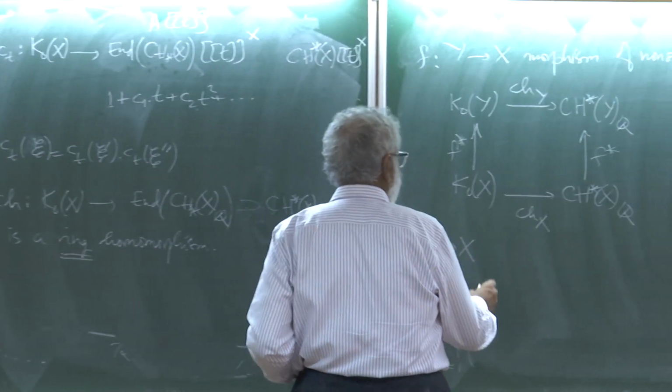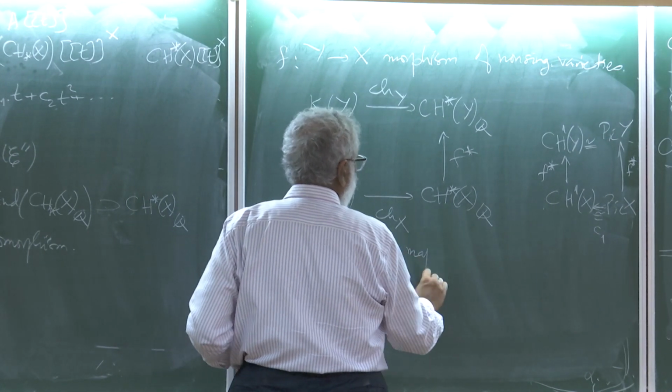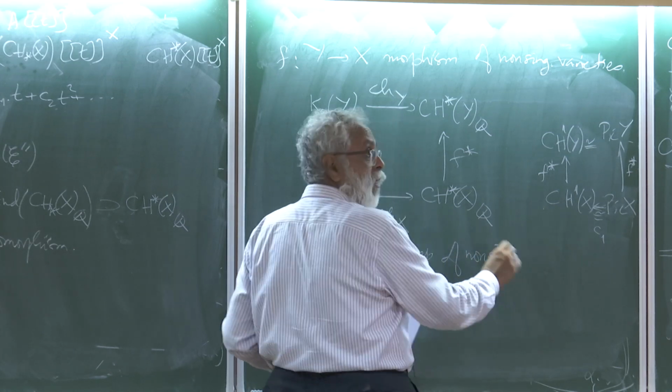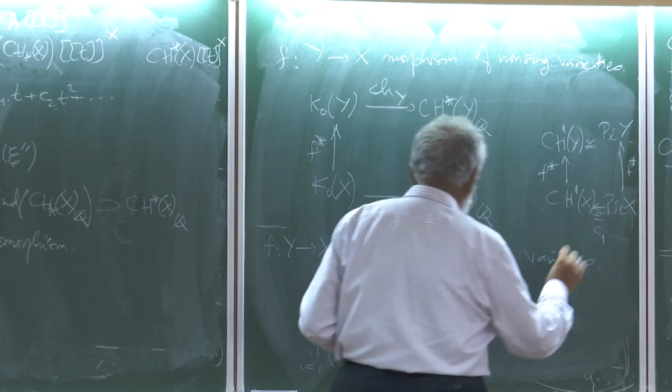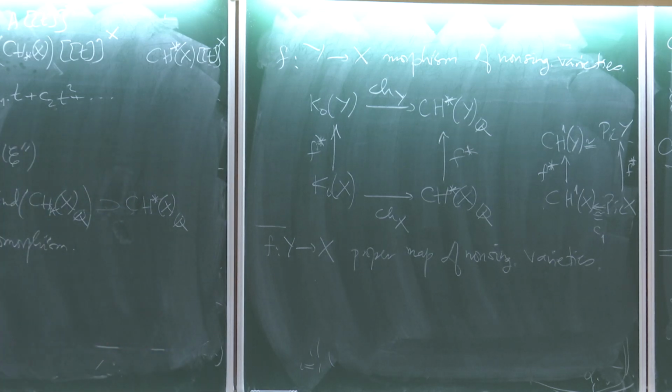Now suppose f: X to Y is a proper map of non-singular varieties. Then I can ask, is there a proper push-forward diagram analogous to this? It's natural to ask.